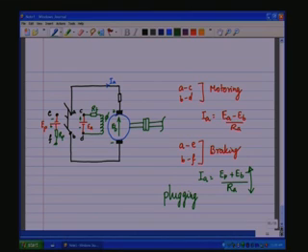One will have to put a series resistance RP such that IA becomes, during braking or plugging, EP plus EB by RP plus RA.